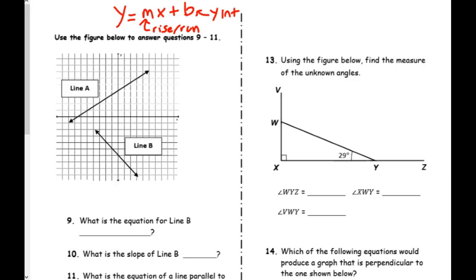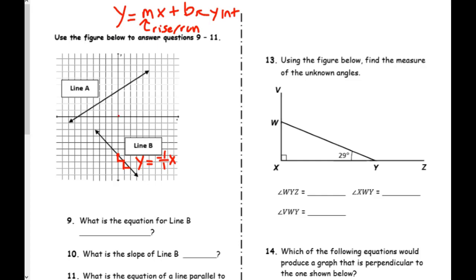So for B, starting here, it goes down 1, right 1. Down 1, right 1. So it's going to be y equals negative 1 over 1. That's my slope. X. And then what's my y-intercept?